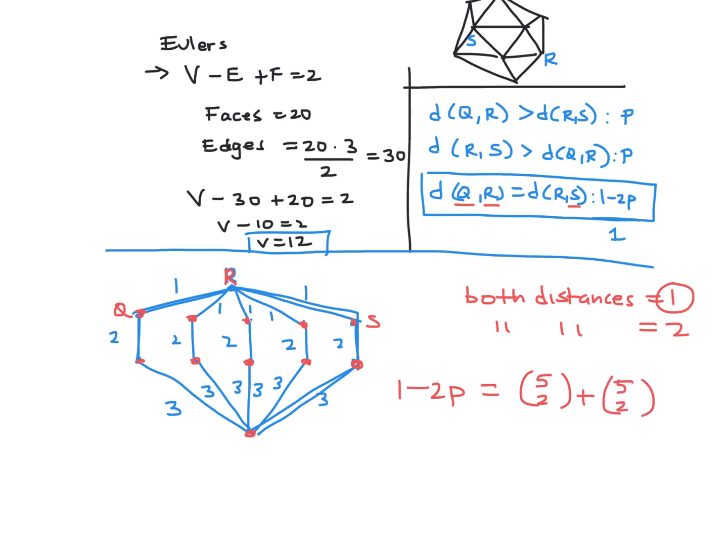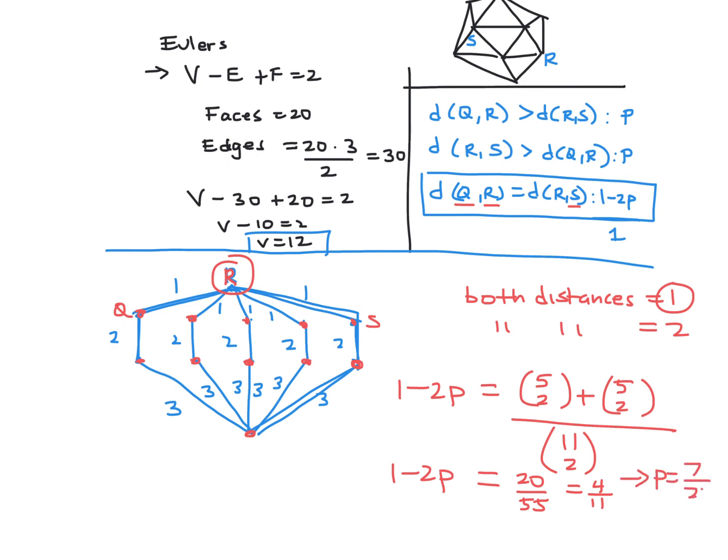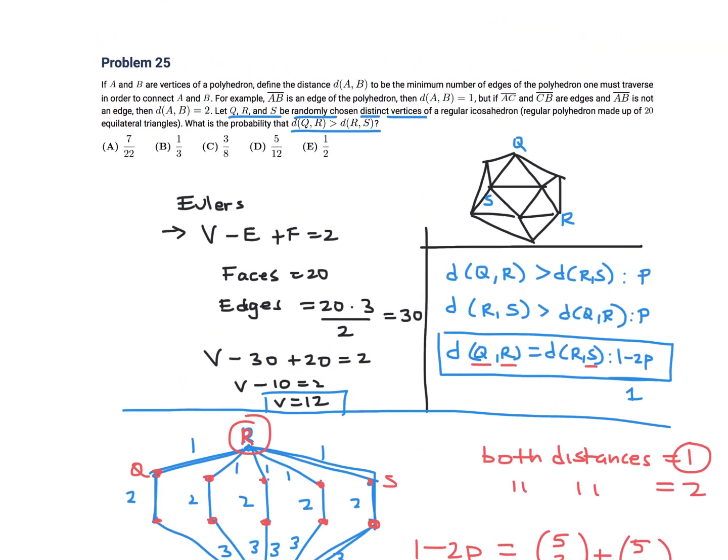Then add them, because you want this or that, and divide by the total. The total, not counting the top vertex, is from the other 11 vertices, choose 2. And that is 1 minus 2p. When you do all this math, you get 20 over 55, which in lowest terms is 4 over 11. And when you solve for p, you get p equal to 7 over 22. And 7 over 22 is choice A.